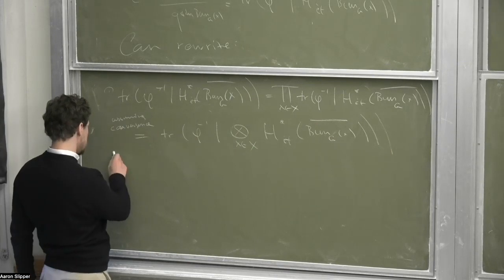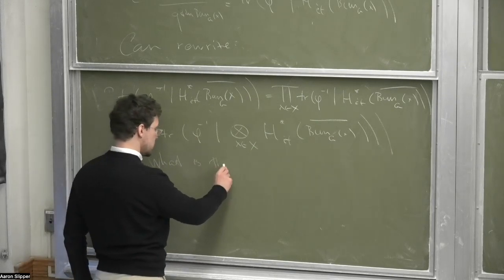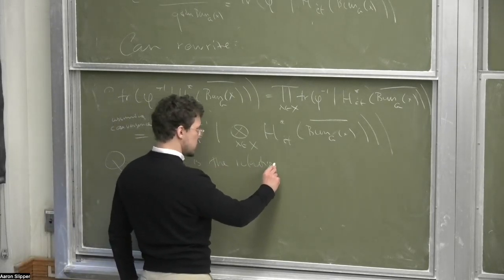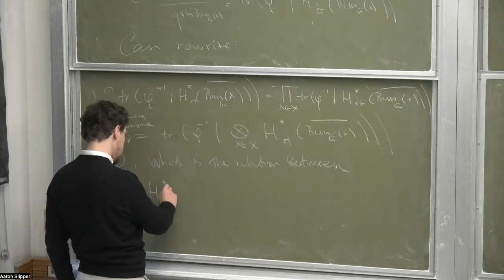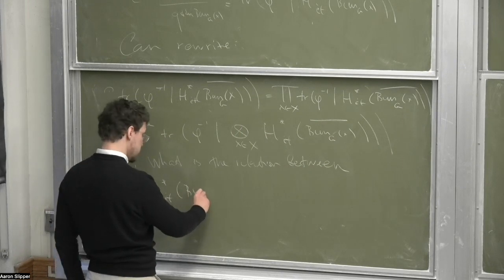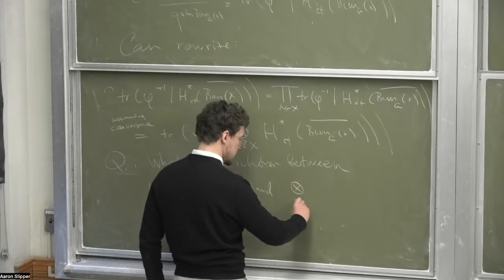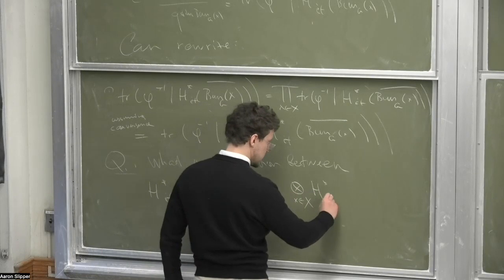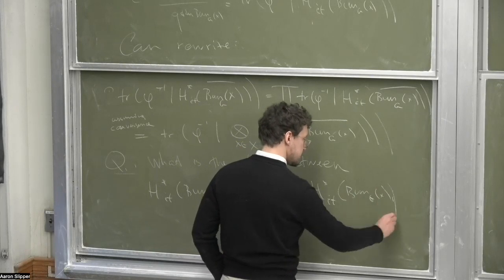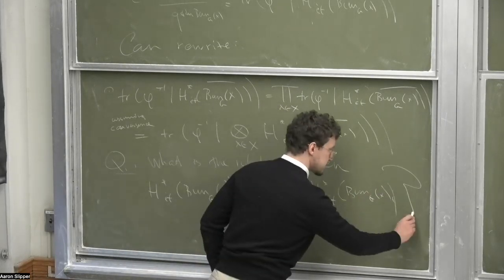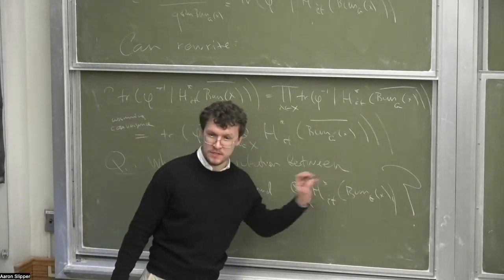And now we can ask the following question: what is the relation between the cohomology of Bun_G(X) and the infinite tensor product of cohomologies? Part of this question is making sense of what this infinite product means.